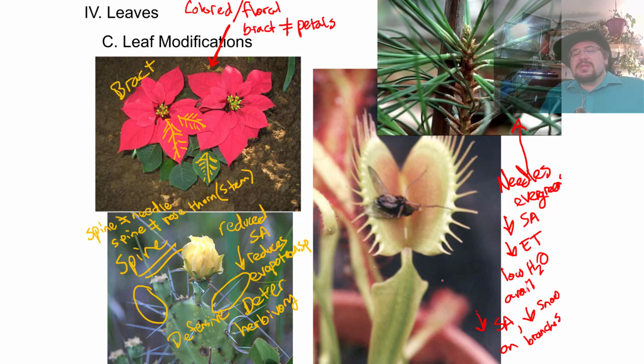These needle leaves are able to reduce surface area for snow accumulation and take some of that load off. Key thing to note, needles are most certainly photosynthetic, whereas spines are not. It's the chlorophyll on the cactus that's photosynthetic.